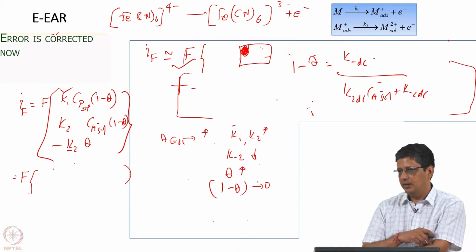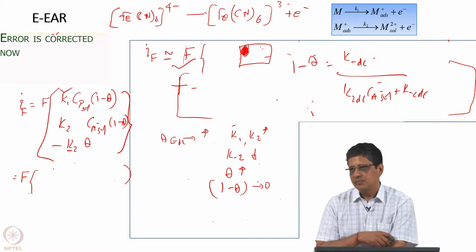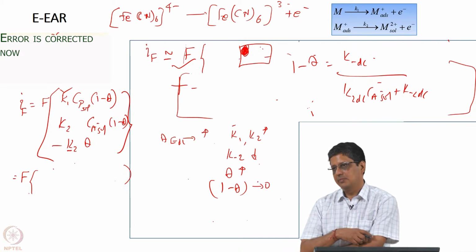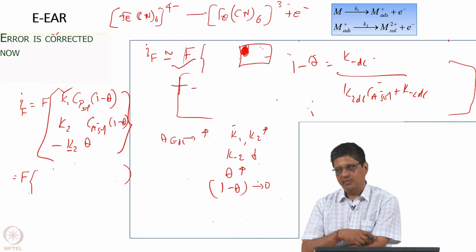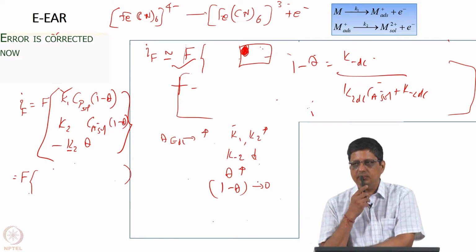Correct. But the rate constant says that if we are increasing the value of K2, we are saying that we are increasing the rate of the second reaction, making it faster. So, if that reaction is getting faster, then the previous one will automatically not get faster. If the electrons are participating in any reaction, yes, the rate constant depends on potential.